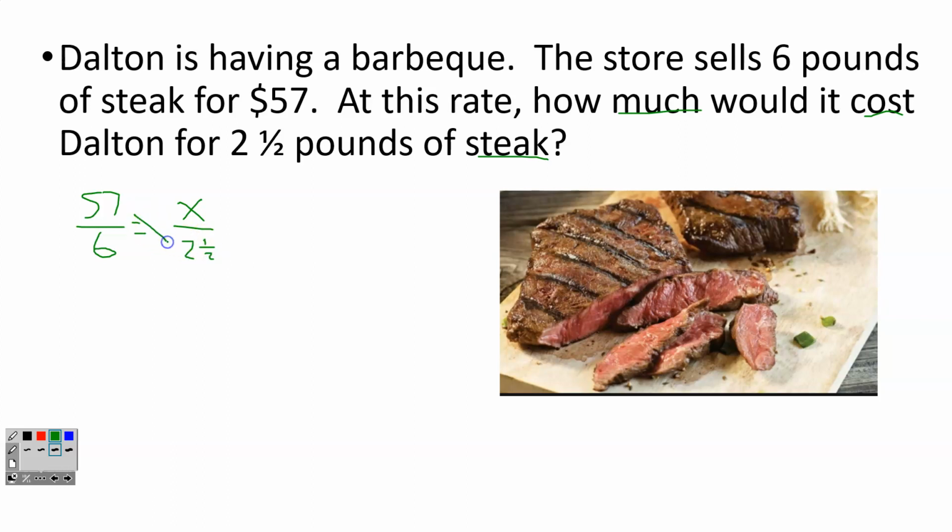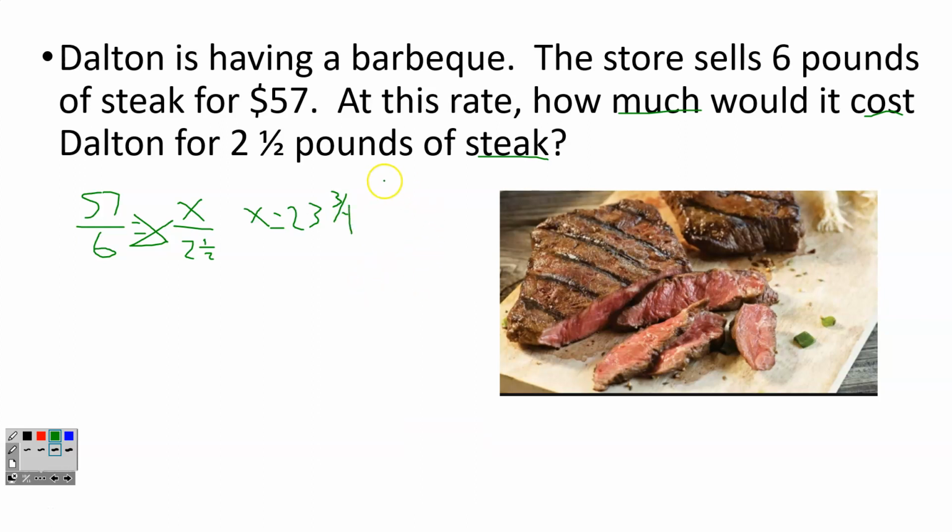I'm going to multiply numbers that are diagonal. So 57 times 2.5, and then divide it by 6. And that's going to give me an answer of 23 3/4.